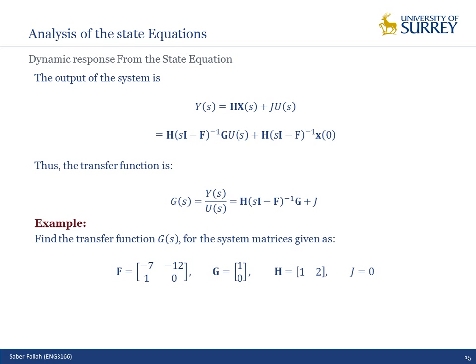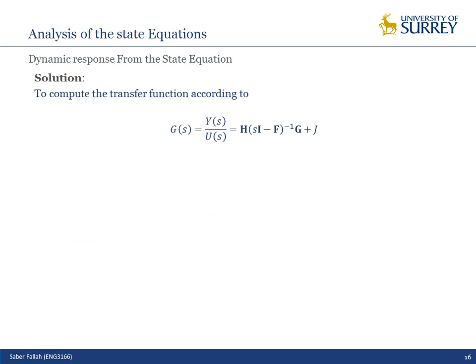To find the transfer function of this system, we need to use this relation. First I need to calculate the matrix sI minus F, take the inverse of this matrix, and then calculate the transfer function.